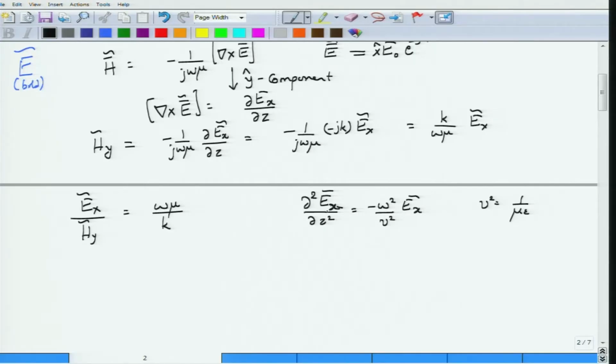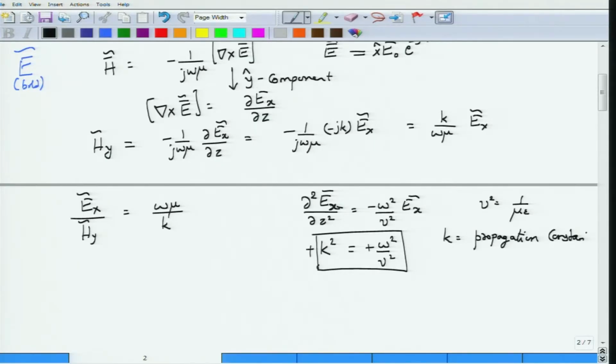So when you differentiate it twice, you are going to get minus jk into minus jk, which turns out to be minus k square, and this should be equal to minus omega square by v square, Ex being the same. So cancelling off the minus sign on both sides, we see that k square is related to omega square by v square, and we said that this k is the propagation constant.